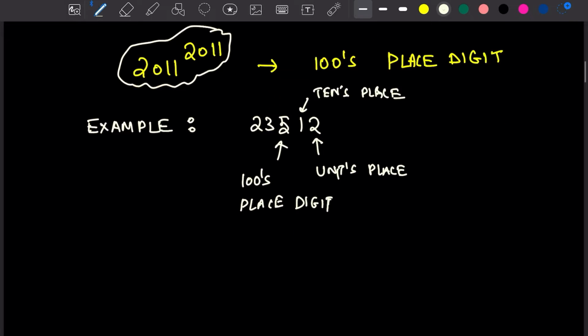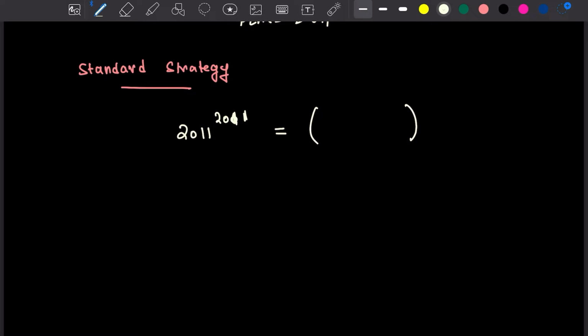So what we do is, this is a standard strategy. You write 2011 to the power 2011 as something plus another thing raised to the power another thing.